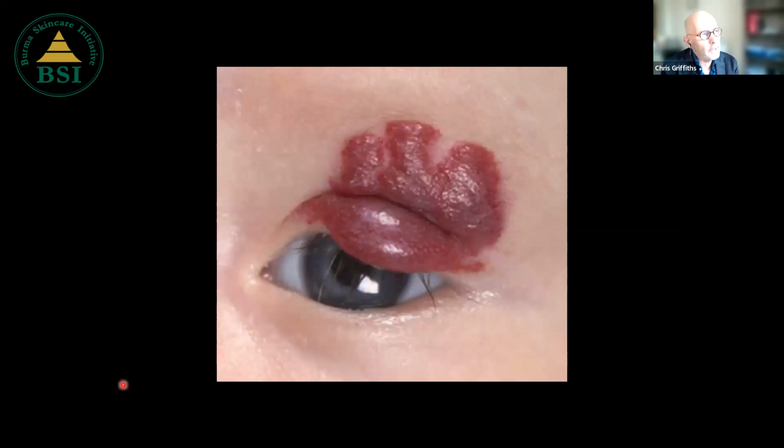You'll remember that in my first lecture, we talked about how to approach the dermatology patient, the patient with a rash or with a lesion, and the important components of the history and of morphology. One of the key messages was that it's very important to be able to describe what you can see in front of you.